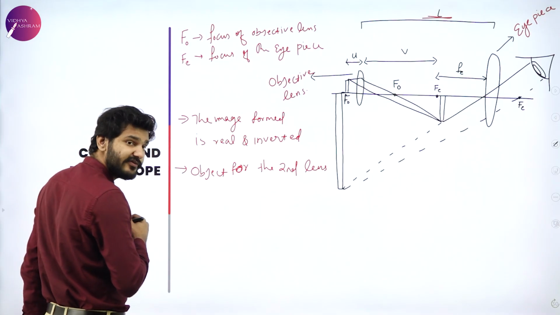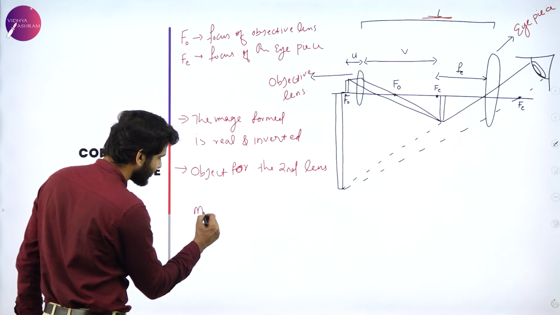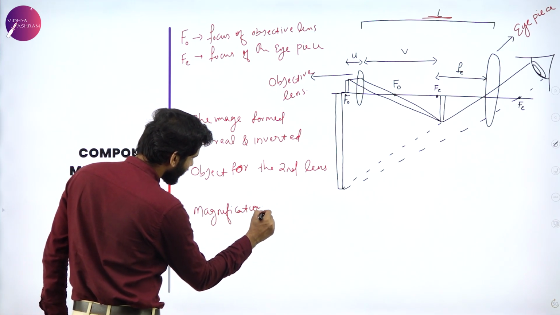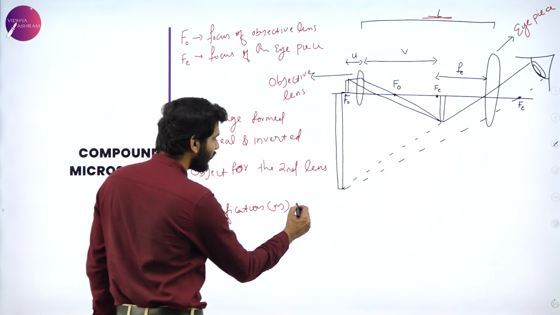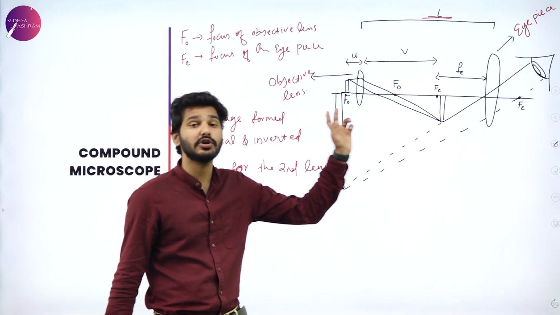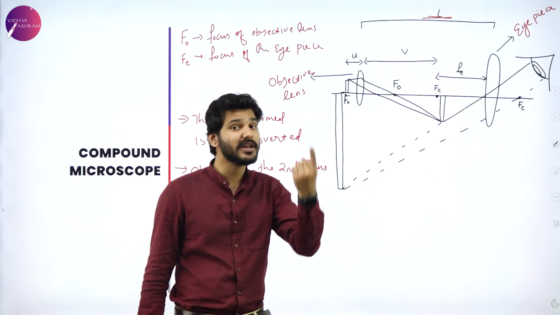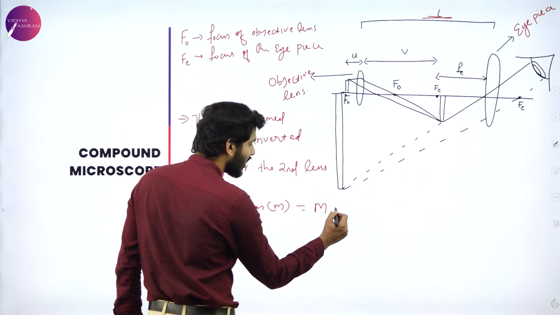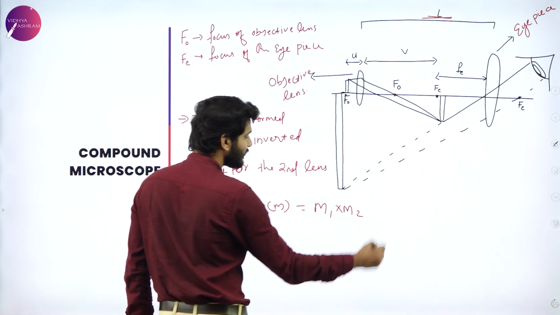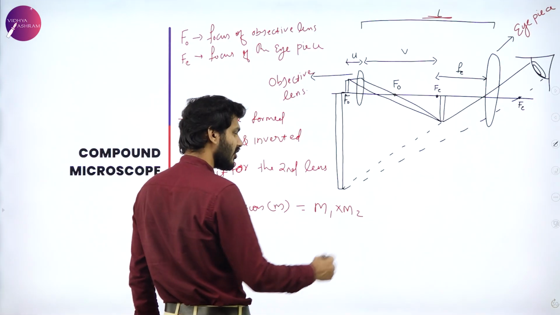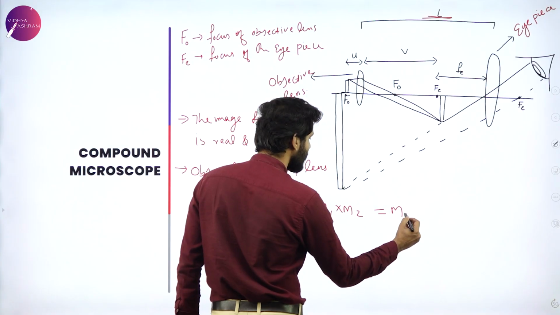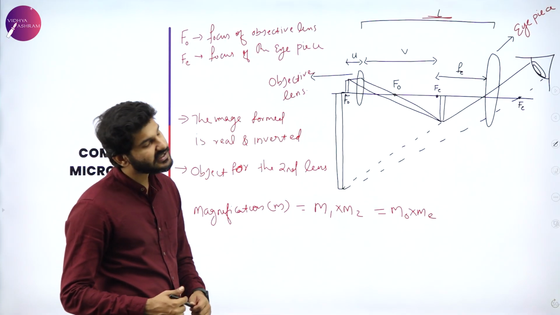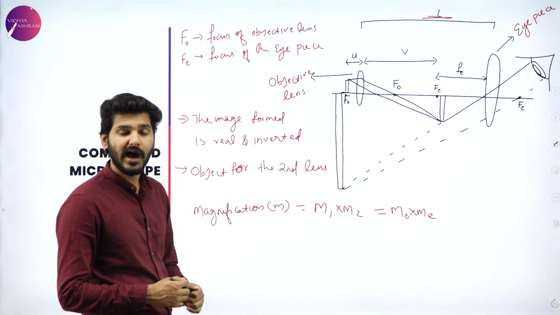Then again we are going to find the magnification. Since there are two lenses involved, remember combination of lenses, it will not be M, it will be M1 times M2, or we can write it as MO times ME, that is, the magnification of the objective lens times the magnification of the eyepiece.